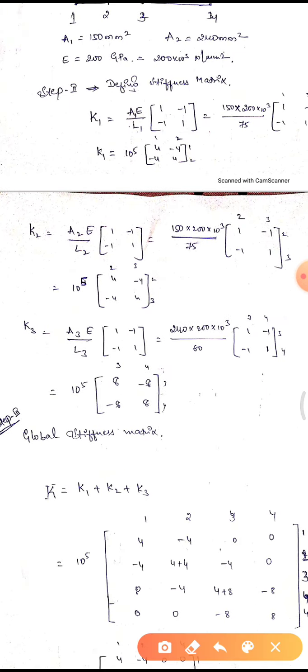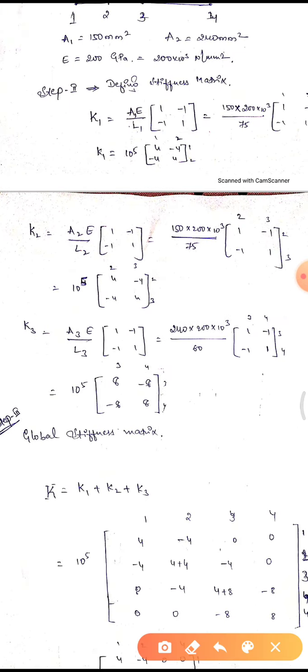So this element we need to see. First row, first column is 4. How has it come? We need to go for the K1 matrix here. In this K1 matrix, you can see this is your first row and this is our first column. So first row, first column, you can see this is our 4. Clear?